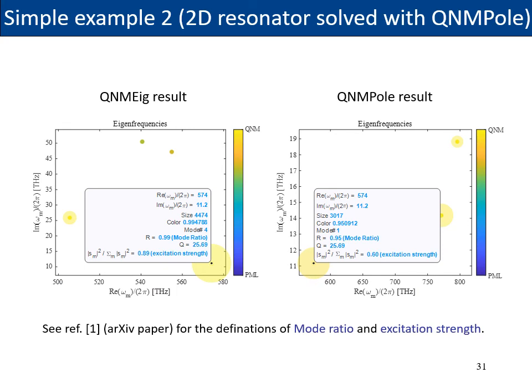Like the QMX solver, the QM pole solver also returns the eigenfrequency of the computed QMs, and they are displayed in a complex plane where you can click the eigenfrequency of each QM to check their important information such as eigenfrequency, quality factor, mode ratio, or the excitation strength.